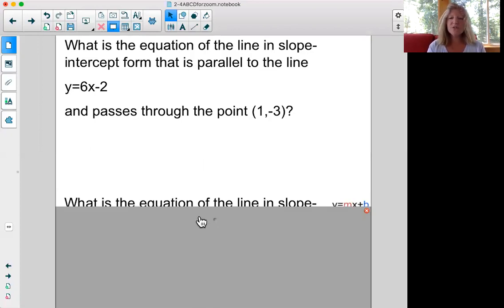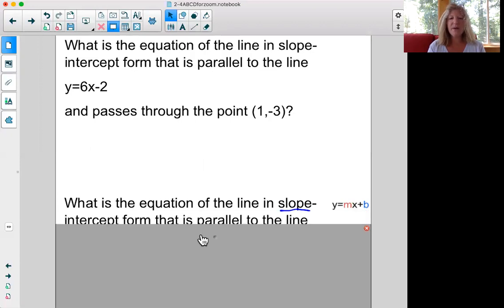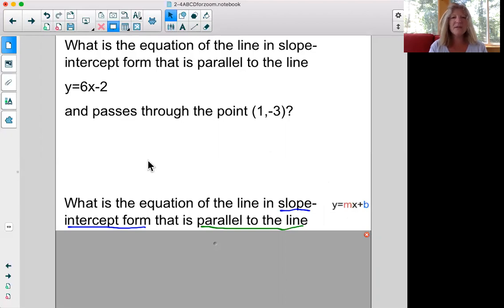When you first attack this problem, remember what they want from you. They want the final answer in slope-intercept form, which is y equals mx plus b. So let's put that on ice for a minute. We're going to have our final answer in this form. But now back to the problem at hand.